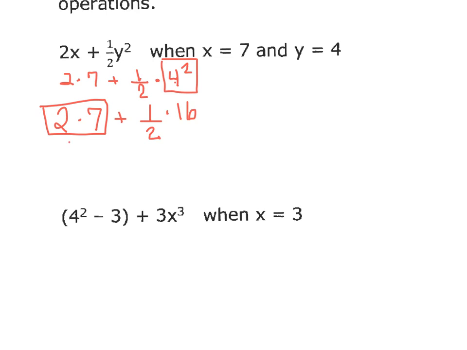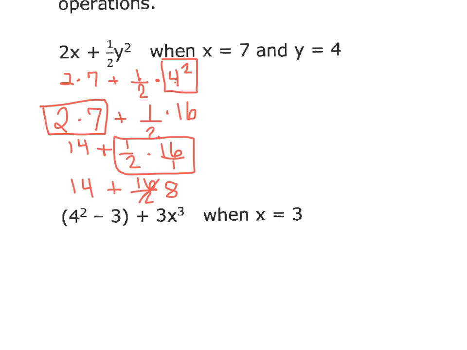So 2 times 7 is 14 plus 1/2 times 16. Next we multiply 1/2 times 16. 1 times 16 is 16, 2 times 1 is 2, and we know that 16 over 2 can be simplified to 8. So now we add 14 plus 8, which equals 22, and so that's your final answer.